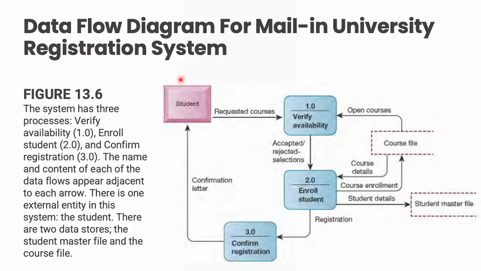And the data stores are the two databases it uses, the course file and the student master file. Okay, so this diagram doesn't show how the system is built with code, but it perfectly maps out what the system needs to do and where the information comes from and goes to. It's a great tool for making sure we understand the whole process before we start to build anything.